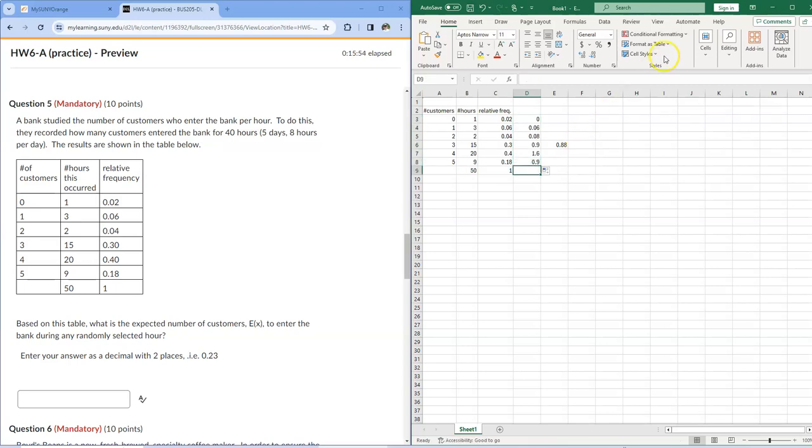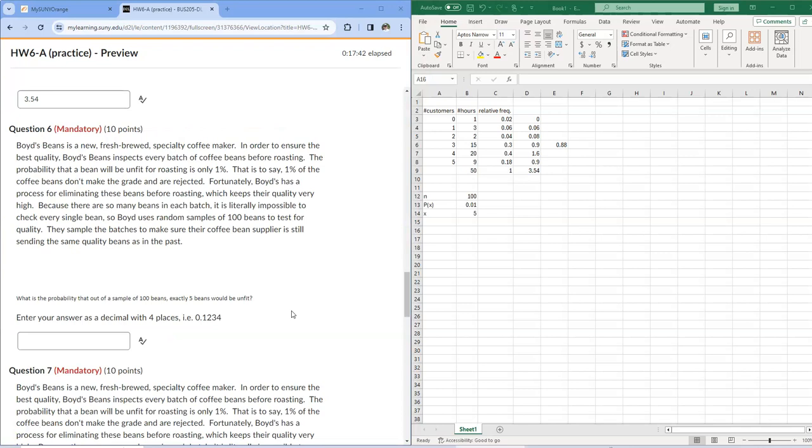And then I'm going to add them up. And this is going to give me my weighted average. So the answer for that is 3.54. That is the expected value, or the average number of customers who come in a particular time period.